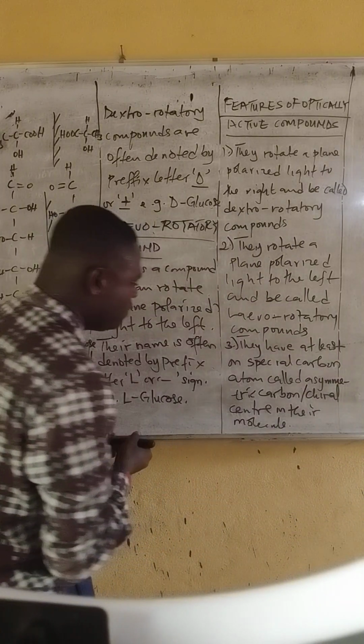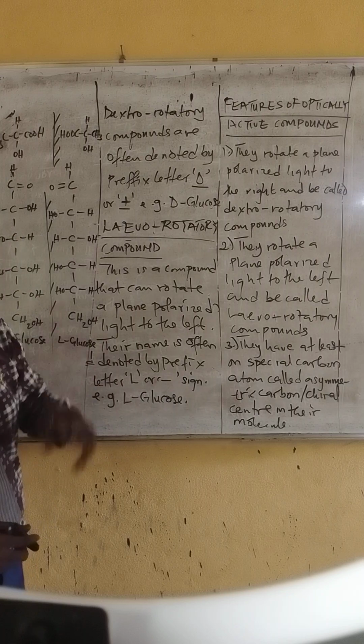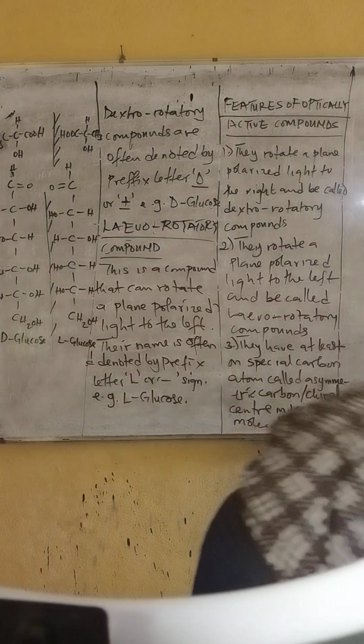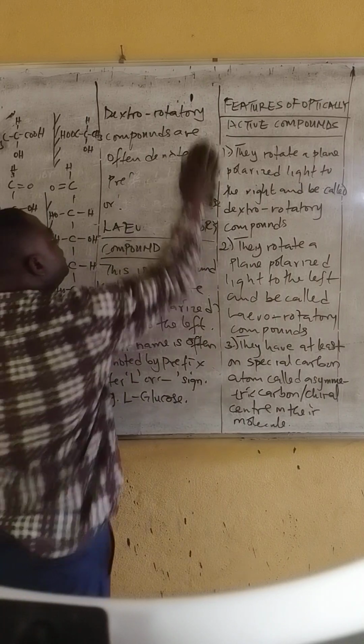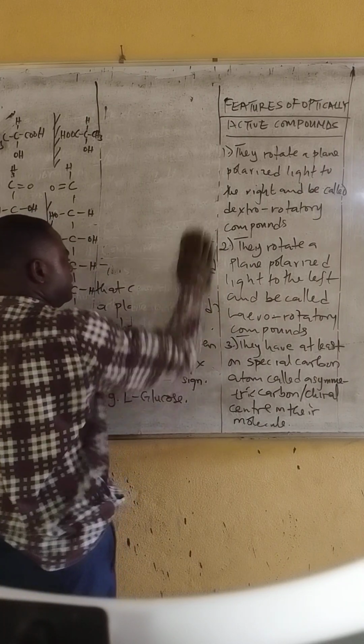So now, inside their molecule, they have one special type of carbon that is called chiral center. They are called chiral center. Now, I will show you that.